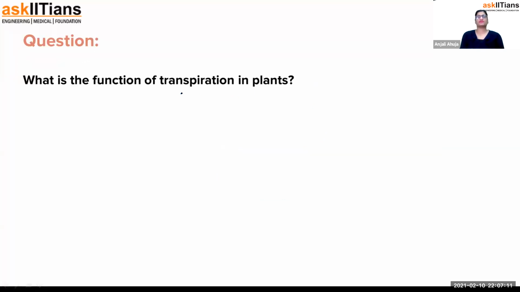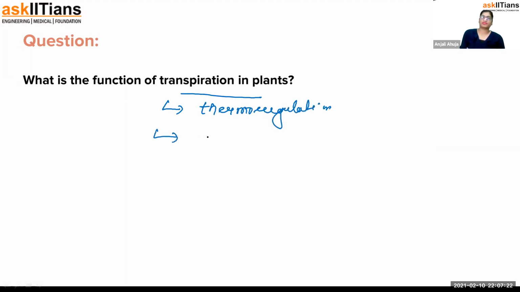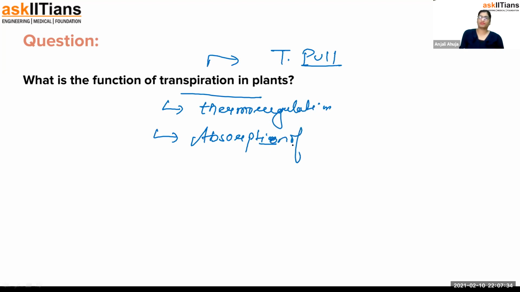What is the function of transpiration in plants? It helps in thermoregulation, maintenance of temperature. It helps in absorption of water and minerals because transpiration creates a pull in the plant. We call it transpiration pull, and because of the transpiration pull, it causes absorption of minerals and water.